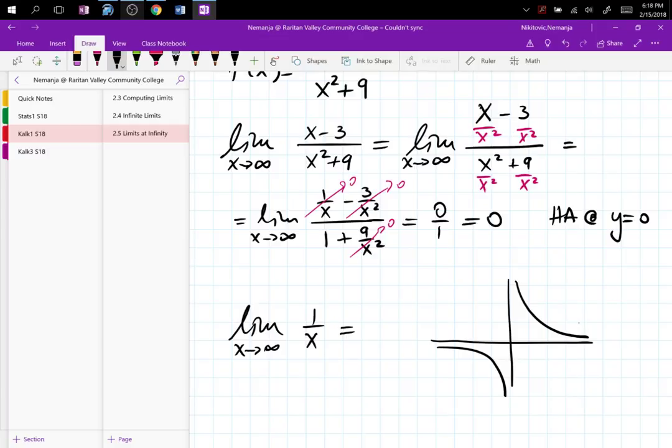Do you see that as you are going to positive infinity, your y value is going to 0? Do we see that motion if you're staring at the graph? Picture yourself walking on this.